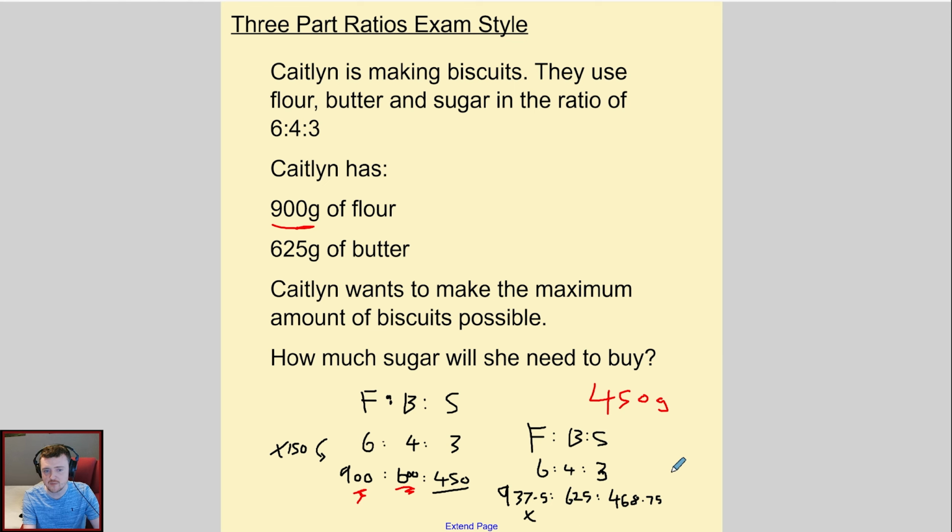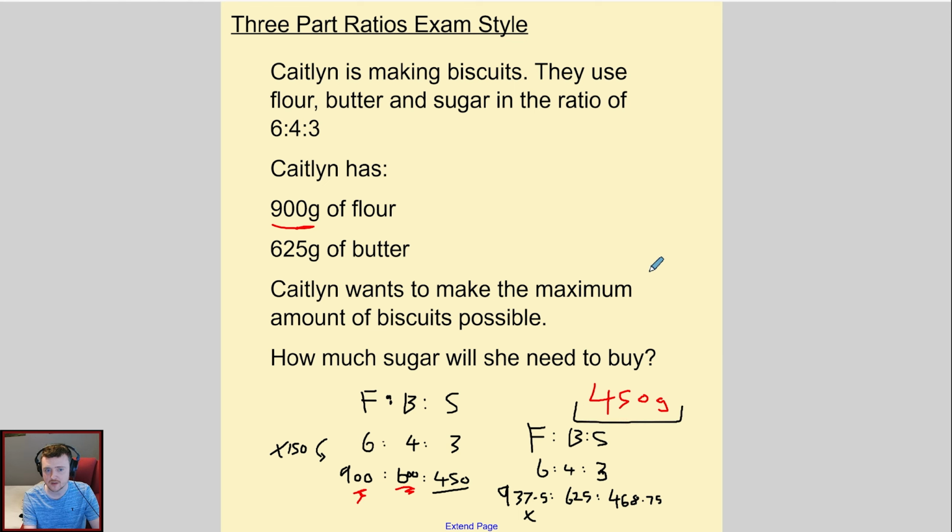So if I have to keep it in proportion, which I do, to make the biscuits taste the same as they're supposed to, I cannot use the 625 grams of butter. I can only use 600 of it because I've got to use everything in the same proportion. I've only got 900 grams of flour, which means that 450 grams of sugar is my answer.